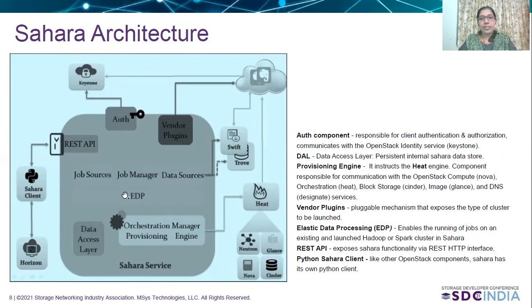EDP, elastic data processing, enables running of jobs on an existing and launched Hadoop cluster. The provisioning engine provides instructions to the Heat component, and the data access layer is for the database.